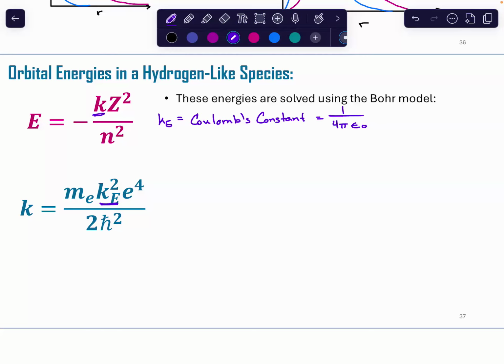Now, since we're talking about hydrogen-like species, also notice the Z there. That's going to be your atomic number. So for like helium plus, Z would be 2 because you're going to have 2 protons in that nucleus.